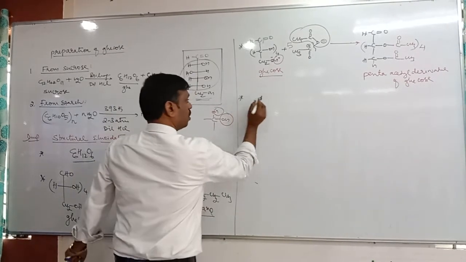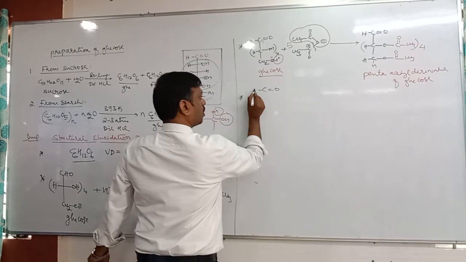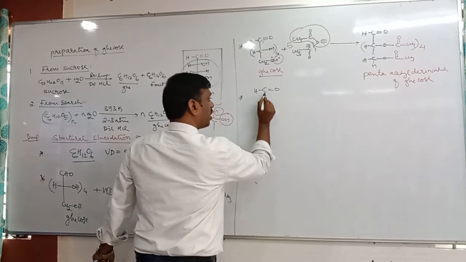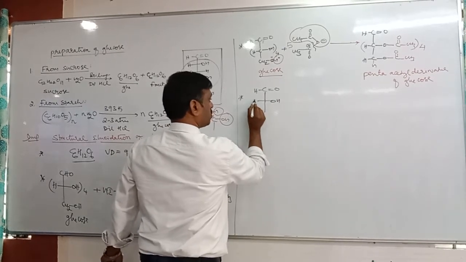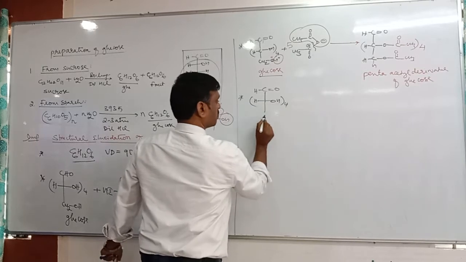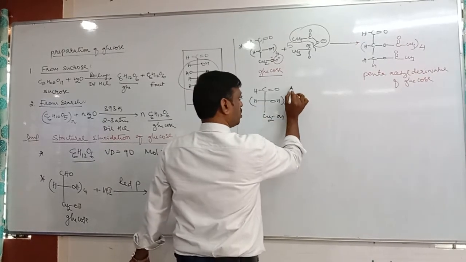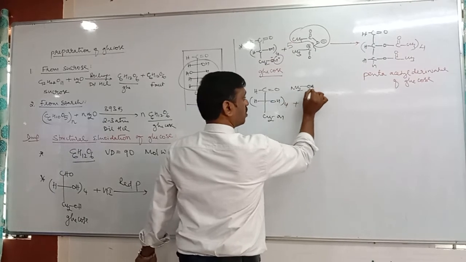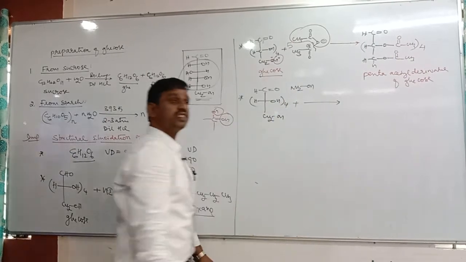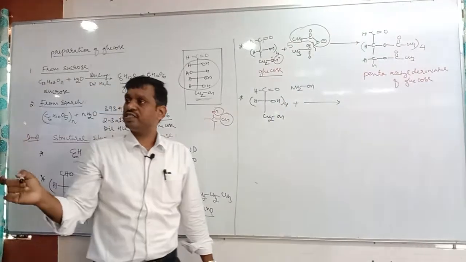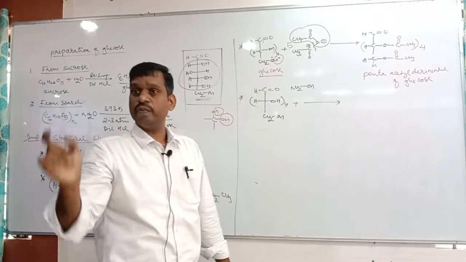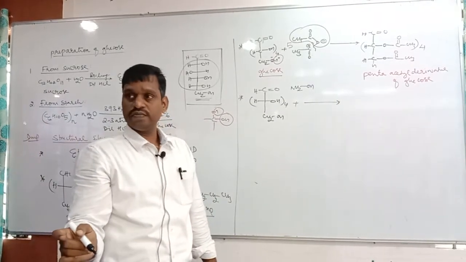Next, glucose contains an aldehyde group, right? Now which reaction confirms this? Okay, there are two reactions. Glucose reacts with hydroxylamine. It is a reagent for aldehydes and ketones. Both aldehydes and ketones react with hydroxylamine and form oxime.